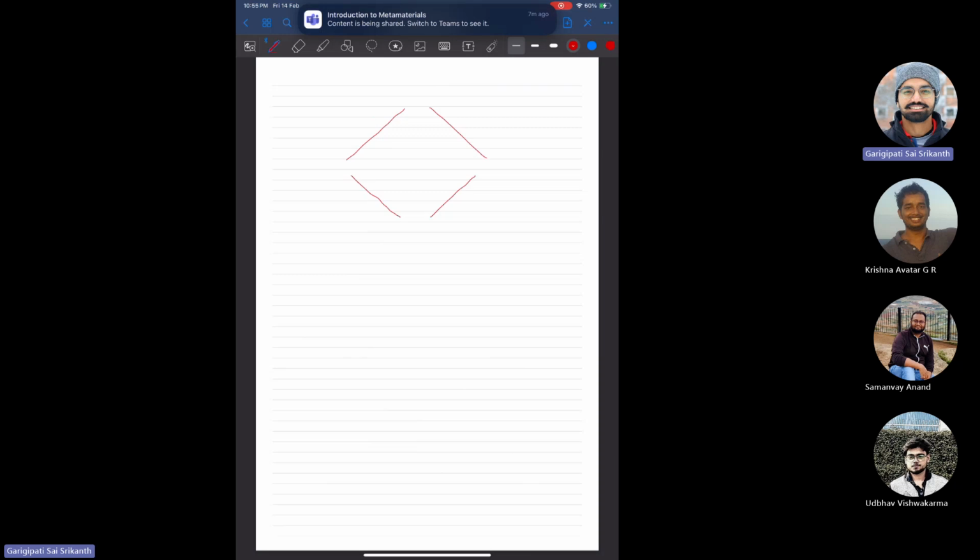So this is T1, this is T2, T3, T4. If the trusses are tensile, then this point is being pulled by T1, and this point is being pulled here by T1.